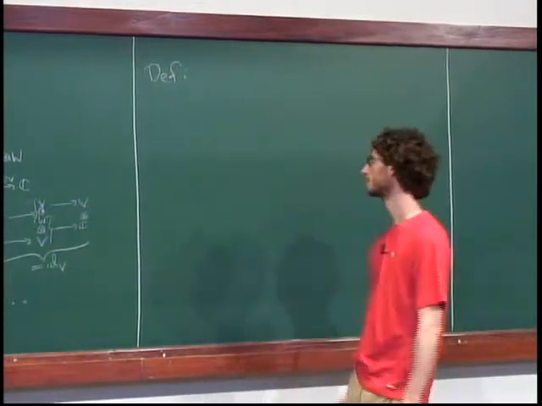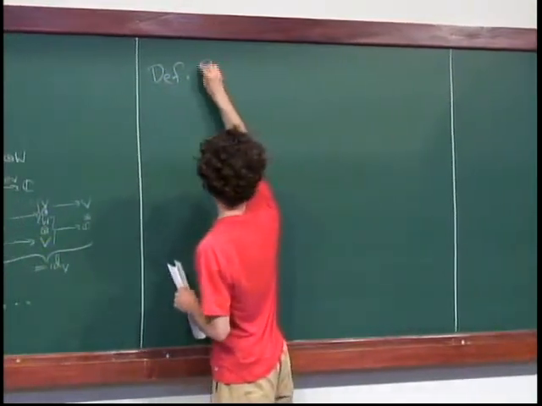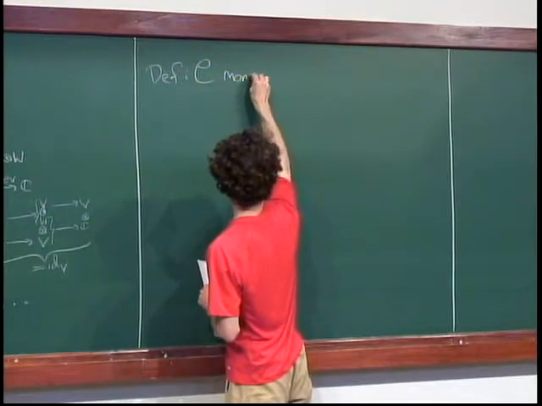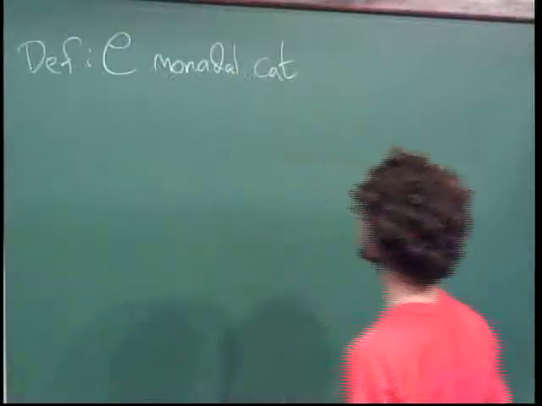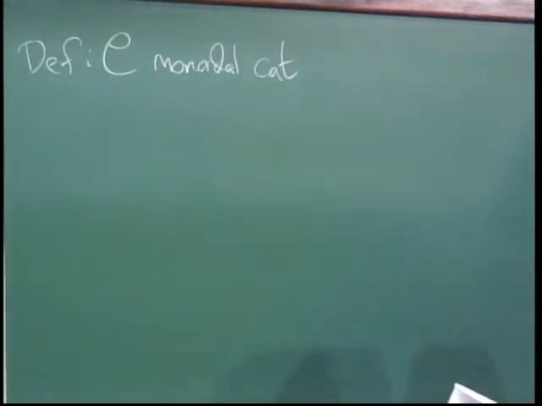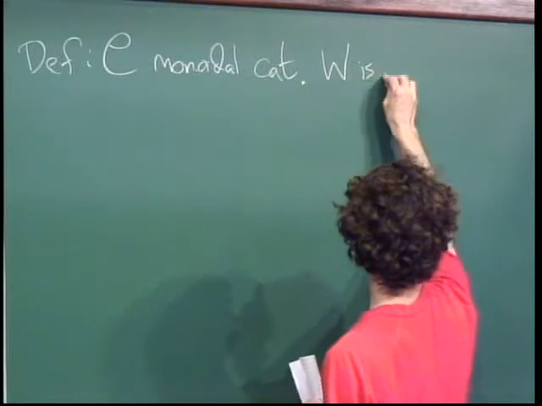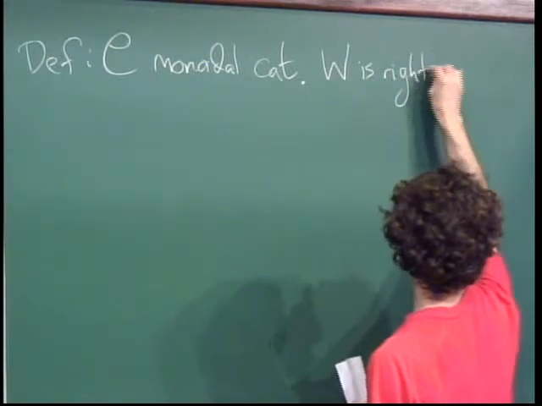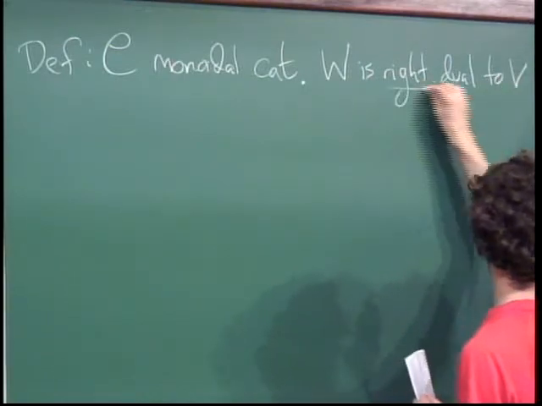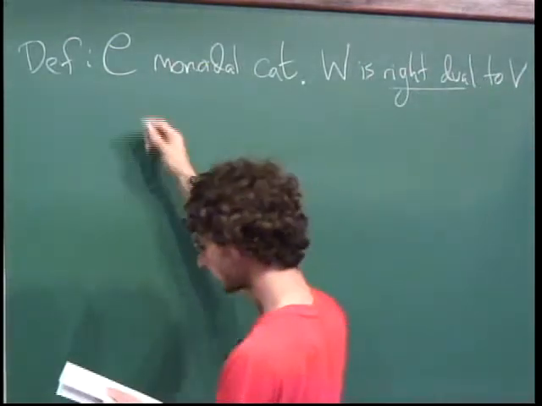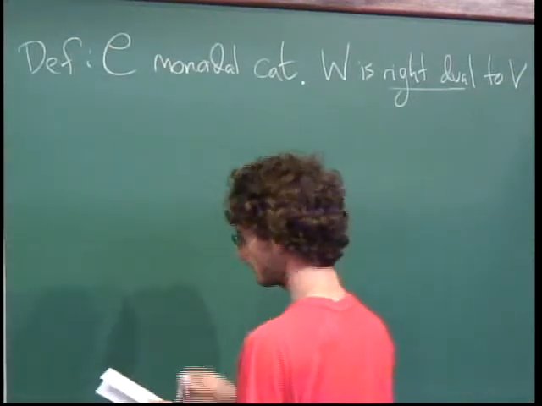Okay, so suppose C is some general monoidal category. Then we say that W is right dual to V if we're given exactly this setup.